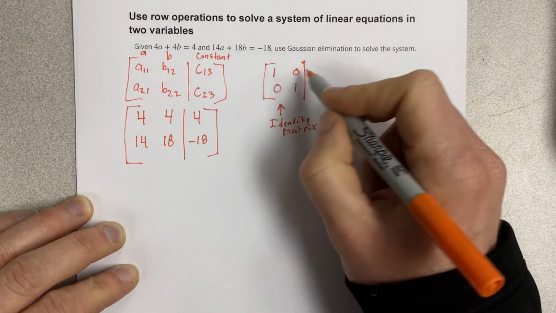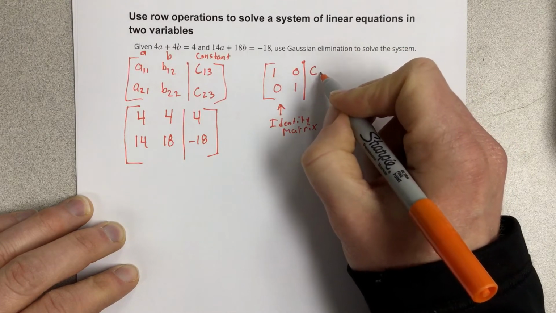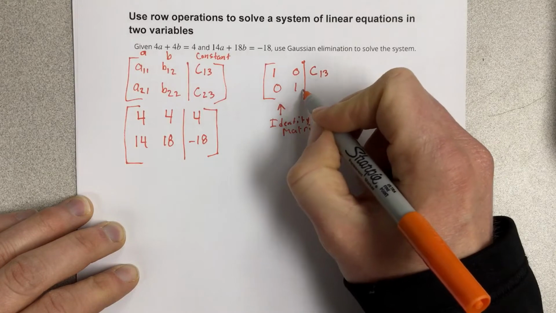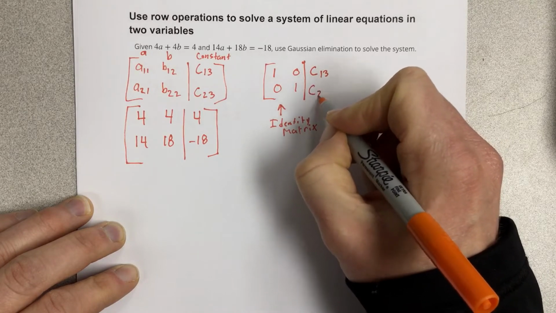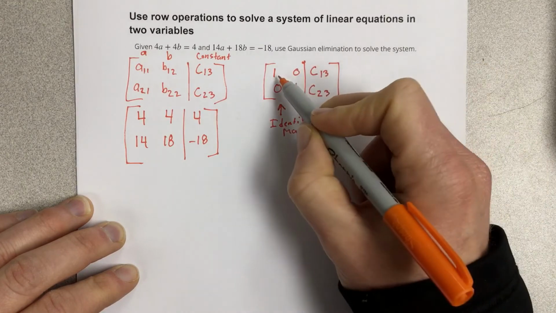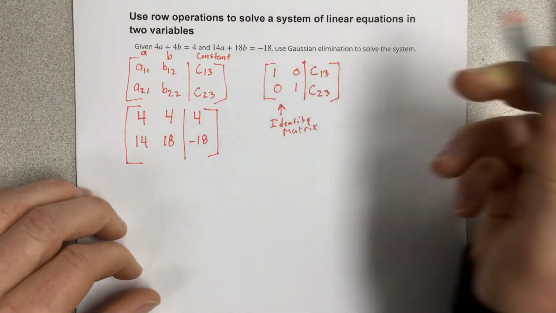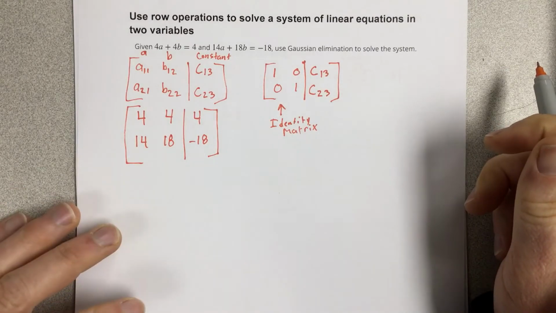So you would just have A equal to whatever constant is out here, and B equal to whatever this number is, and we'd have the system solved.